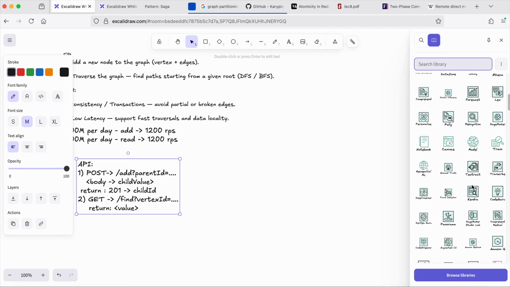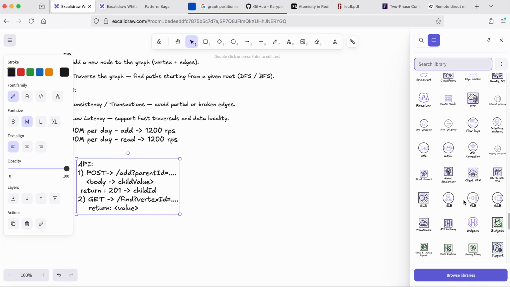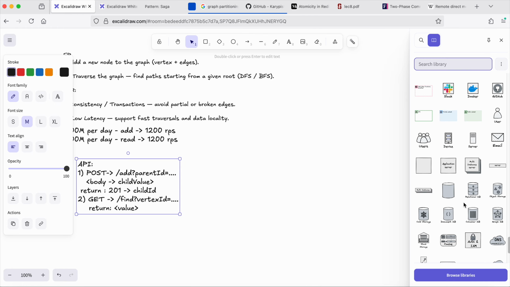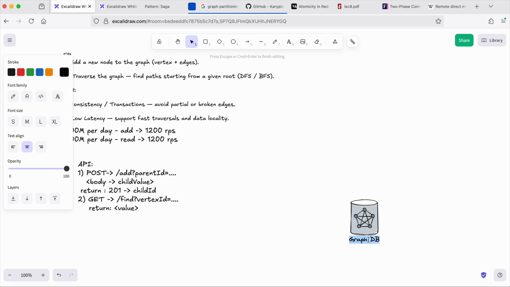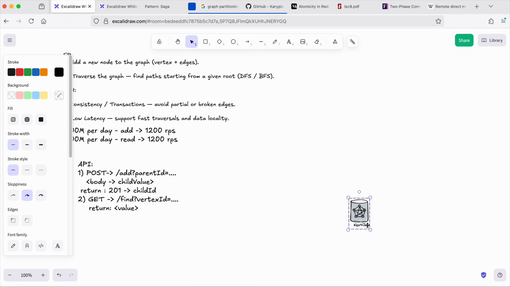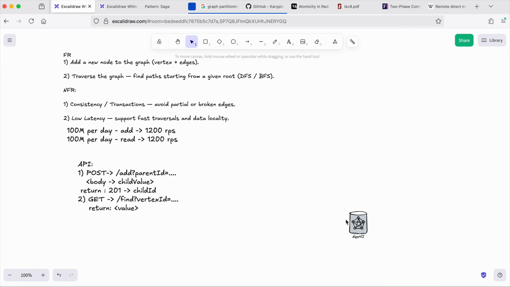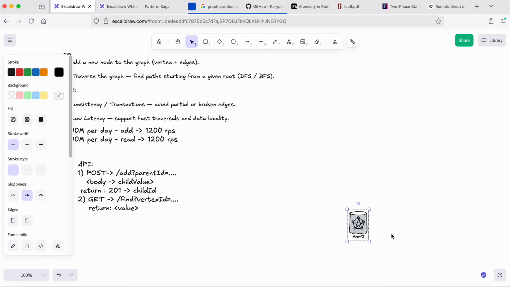Let me try to find it in my library. I have some graph database there, give me 1 second. So here is my GraphDB. I will call it Neo4j from the start, and I will use multiple instances of this database.